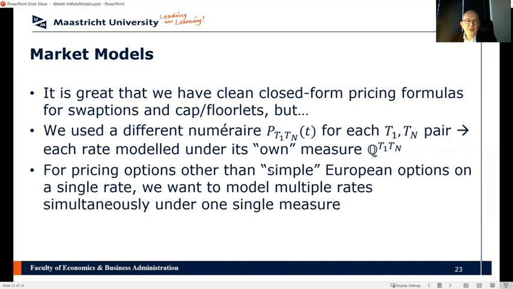So for simple European options, this is very convenient. But if we want to model a more complicated interest rate product, we want to look at multiple interest rates simultaneously in the same model, and therefore we want to model multiple interest rates simultaneously under one single probability measure. So how can we do that?